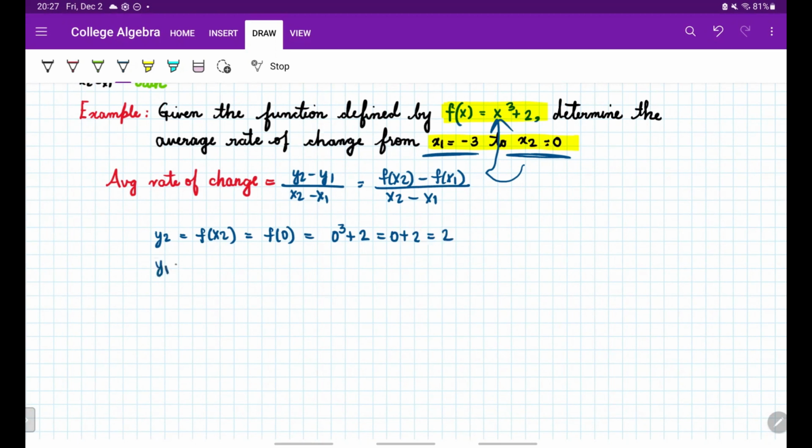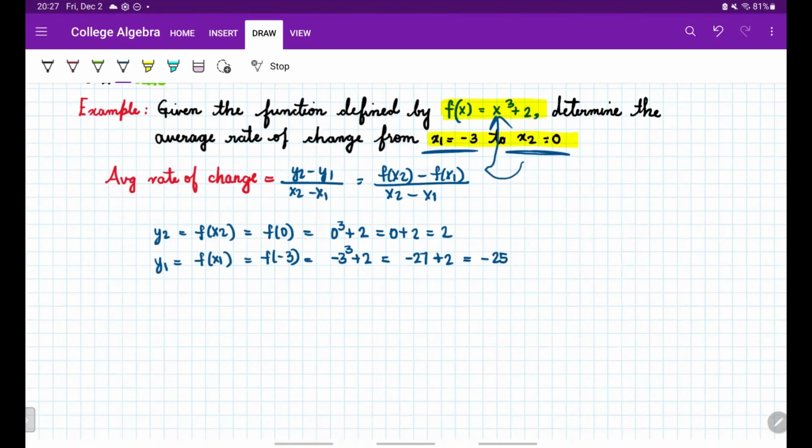Similarly, let us find y1, which is f of x1, which is f of -3. So this is -3 cubed plus 2. 3 times 3 is 9, 9 times 3 is 27. So we get -27 plus 2, which is -25, right?